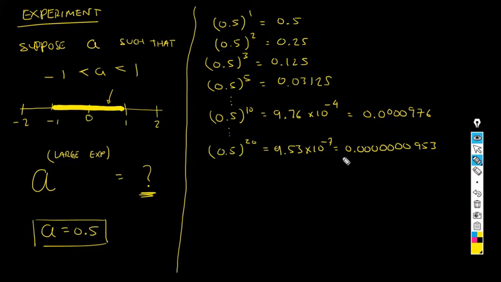So 0.5 to the 20 is even a smaller number than before. So pay attention to what we're doing. We are raising 0.5, which is a number between minus 1 and 1, to increasingly bigger exponents. And what can you see? What is the pattern? What happens when we increase the exponent more and more? These numbers, the results, get smaller and smaller and closer to 0.